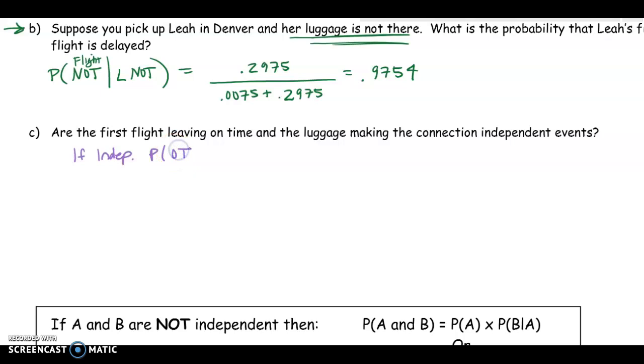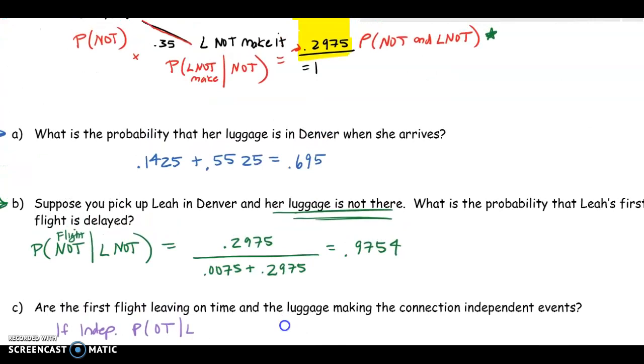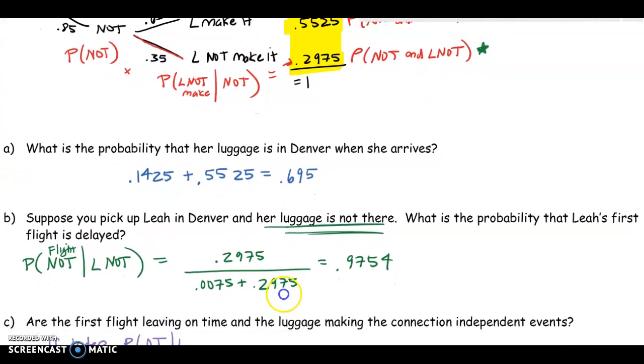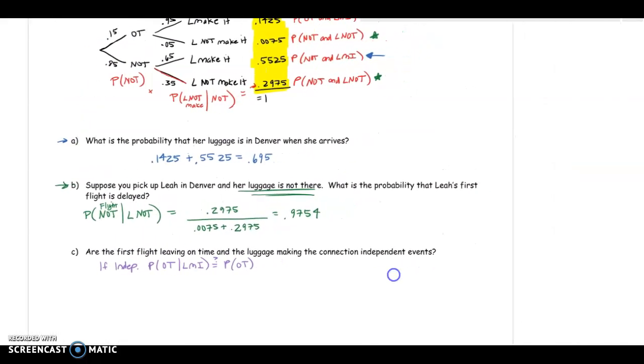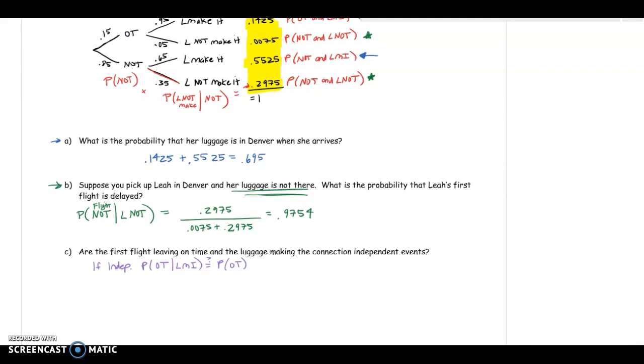So on time, given her luggage makes it, and I just want to see my notations. Luggage makes it. If they were independent, knowing her luggage made it would have no effect on whether or not her flight was on time. So that would equal the probability of on time. So it's our job to figure out if these two things are equal. Well, the probability of her flight being on time, we actually know, and they gave that to us at the beginning, that was just 0.15.